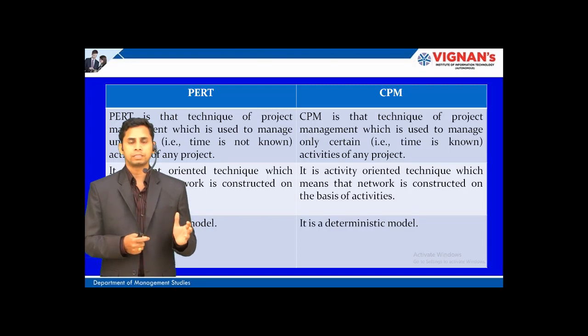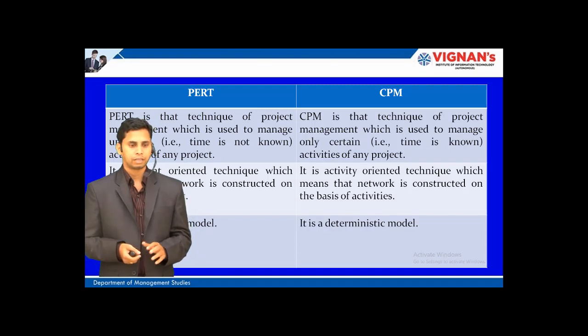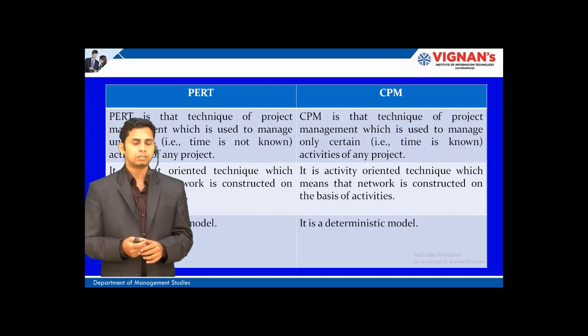So where the project time is not known to us, we apply the PERT technique. Whereas in CPM, the project time is certain because the time is very much known to us. And PERT is an event oriented technique, which means that the network is constructed on the basis of events.